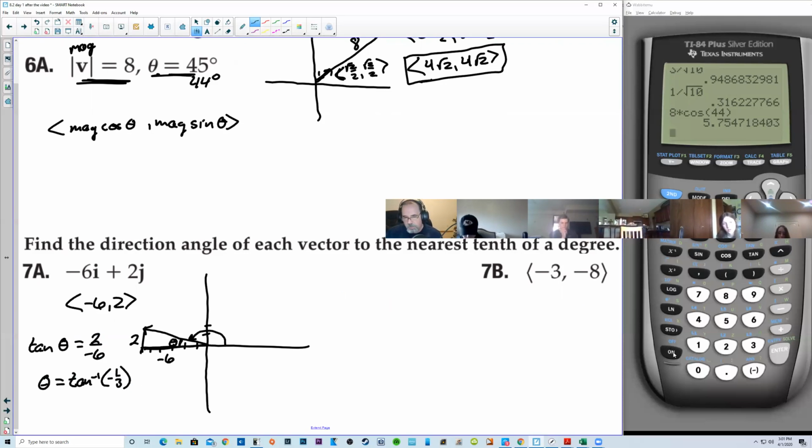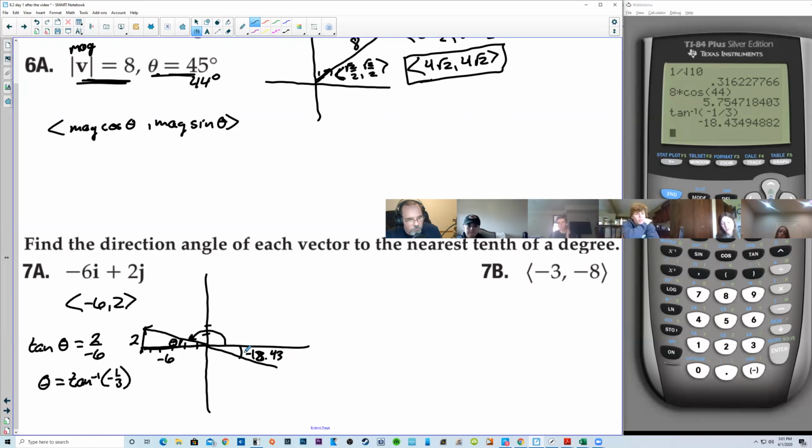So we grab our calculators, and we do everything with this in degrees with vectors. So we're going to do inverse tangent of -1/3. But the calculator thinks that it's in the principal quadrant. It thinks it is -18.43. Well, it's to the nearest tenth of a degree.